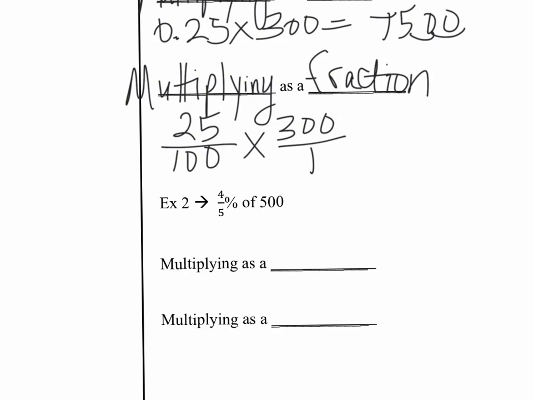Without having to do a lot of long multiplication like we did with the decimal, we can cross-cancel here. We know that there are 3 hundredths in 300, and 100 divided by itself is 1.